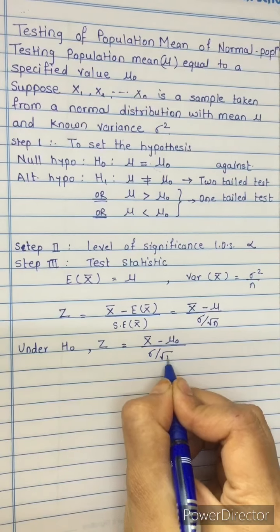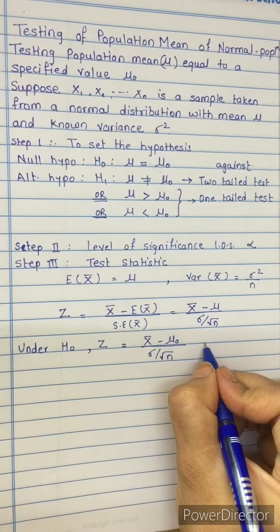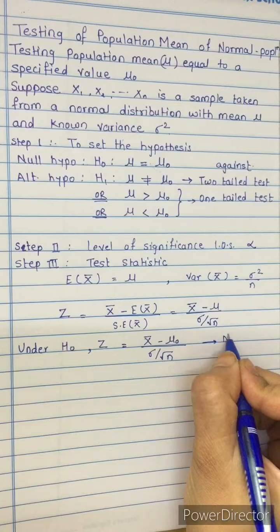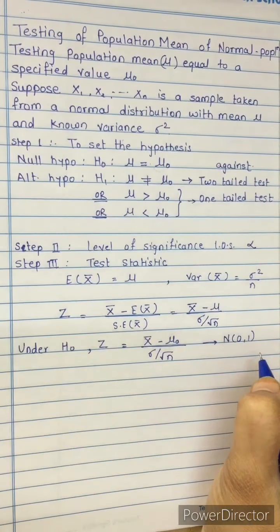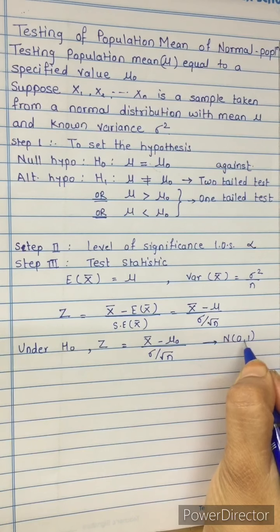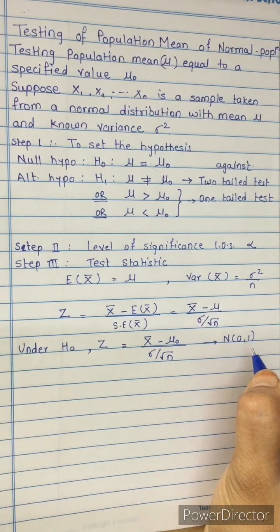Sigma we know, n we know, and this follows the standard normal variable. Now we get the distribution of z to be normal with mean 0 and variance 1. That is the meaning. Now what is the critical region in case of 5% level of significance?